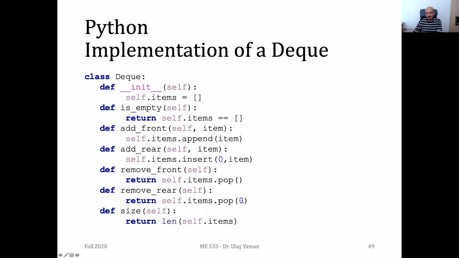If you have an empty pop operation, it will always pop the topmost item, or the item at the front of the data structure. But once you write a specific value here, like 0, then that means the rear end of this data structure will be removed.